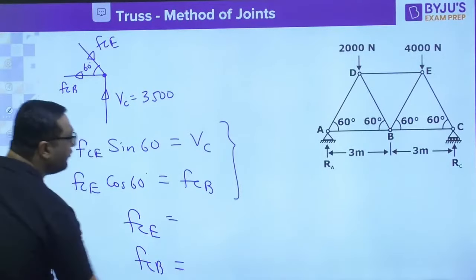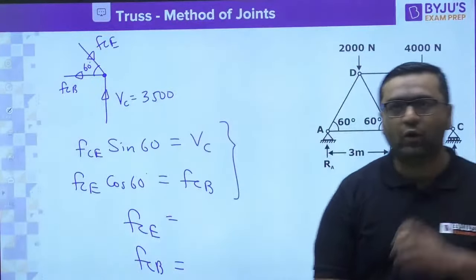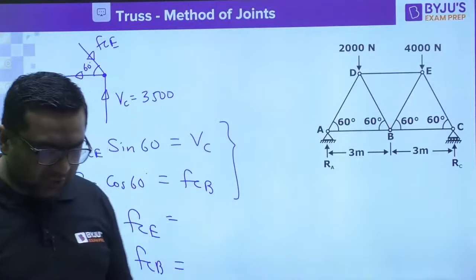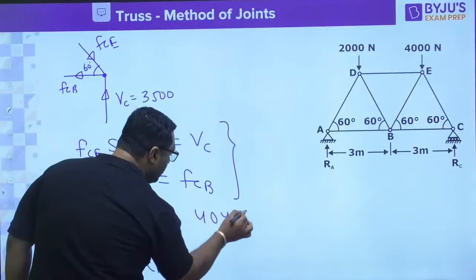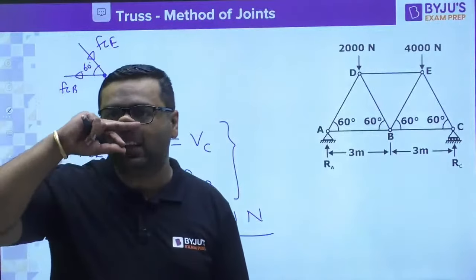Please give the answer, then we will be moving to joint D. Akshit Rathod and Pradyuman are giving the values. So it is correct, FCE will be coming out to be 4041 Newton. Very good, Pradyuman, you are also doing a great job.